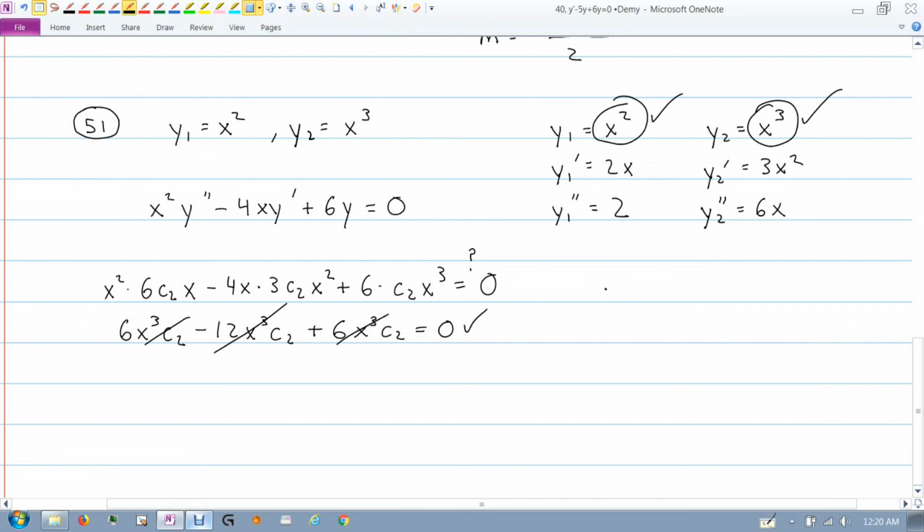So if we call y equal to y1 plus y2, this is going to be x squared plus x cubed. So y prime is 2x plus 3x squared, and y double prime is 2 plus 6x. So let's check it.